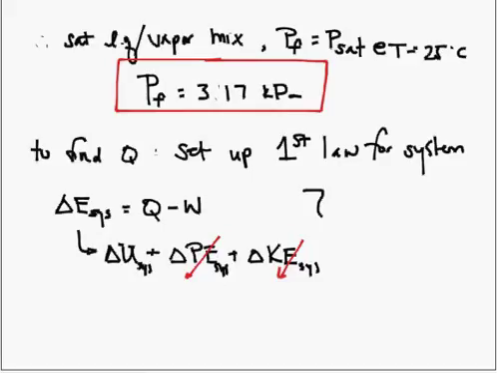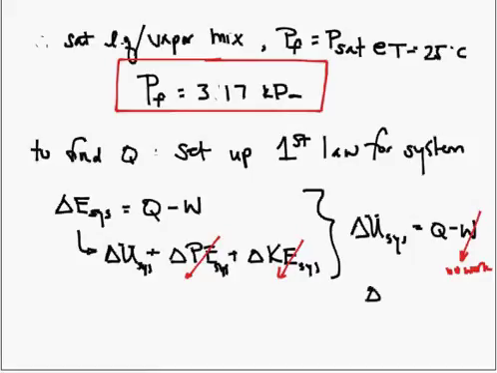So, our first law expression becomes change in total energy of the system equals Q minus W. And remember that we assume no work being done on or by the system. So that goes away. And we end up with simply change in internal energy of the system equals the heat transfer. This is the first law that we're going to use now to evaluate our heat transfer. Okay, to the next slide.